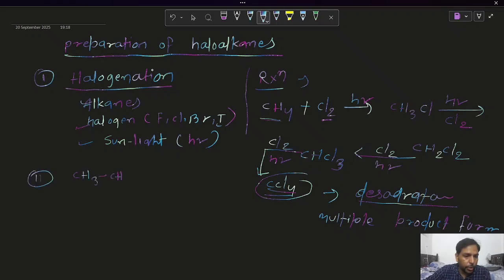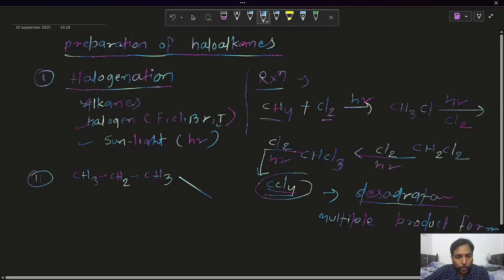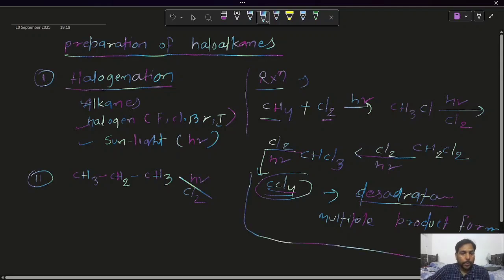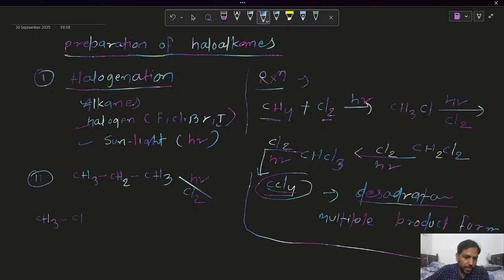Now CH3CH2CH3, right? In the case of propane, what do we get in chlorination? The products: the first one is CH3CHClCH3, and the other one is CH3CH2CH2Cl.